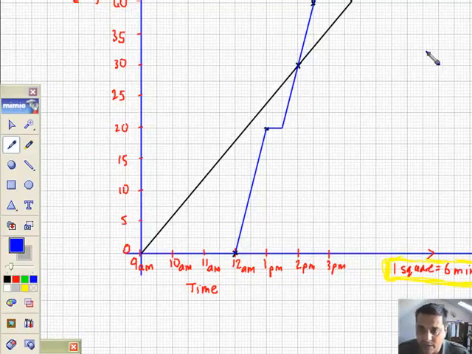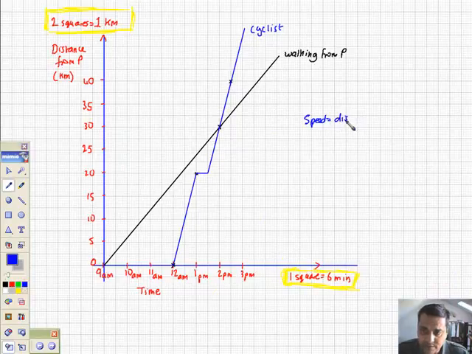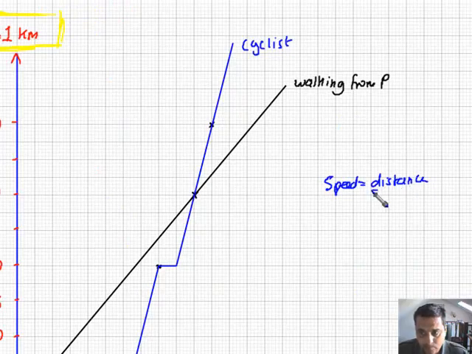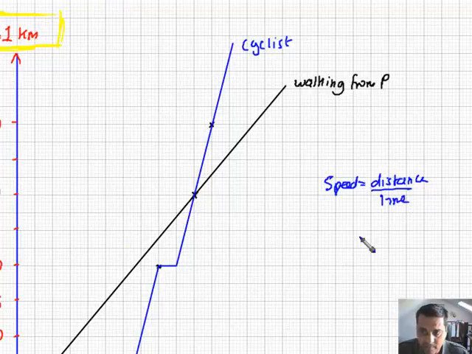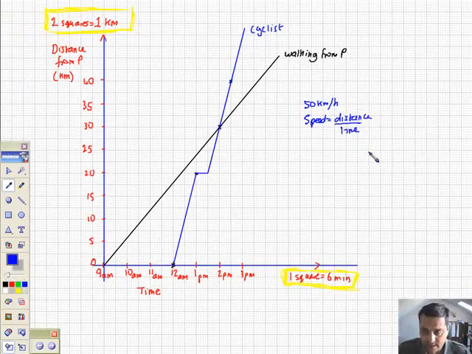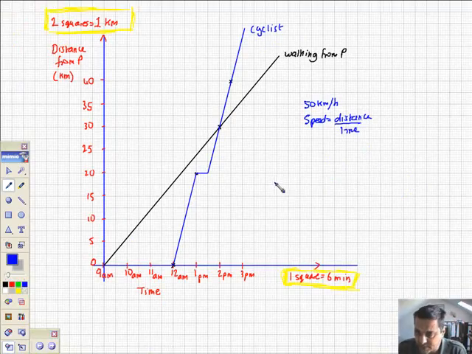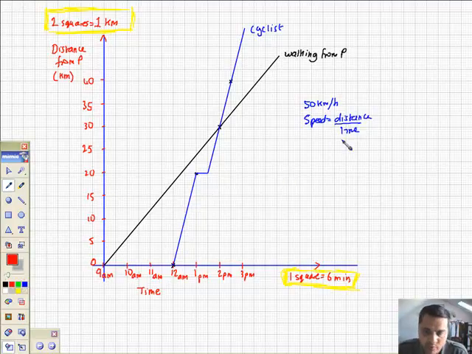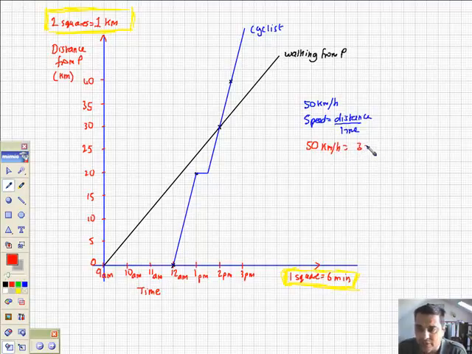So let's just do a little calculation here because I've got space for it. So I know speed equals distance divided by time, and my speed is 50 kilometers per hour and 30 kilometers. So let's just substitute into this formula here. We'll work in red. So I've got 50 kilometers per hour equals a distance which is 30 kilometers divided by time in hours.